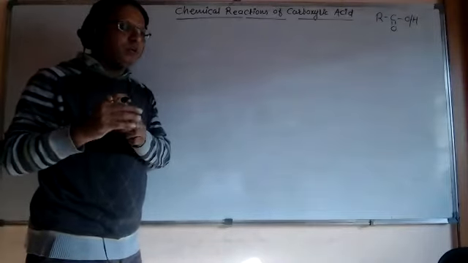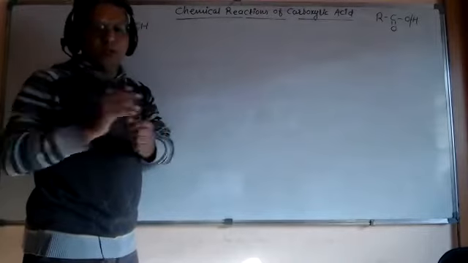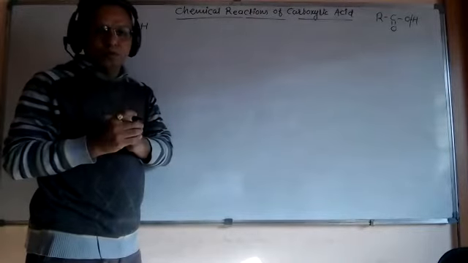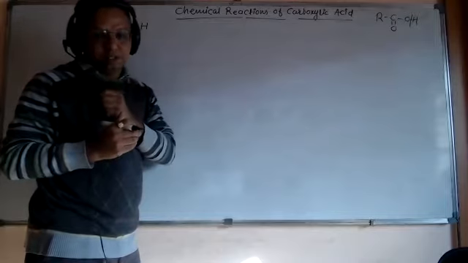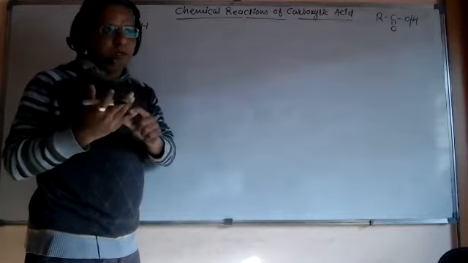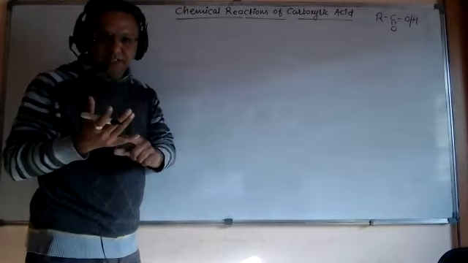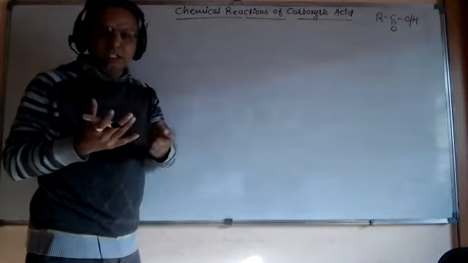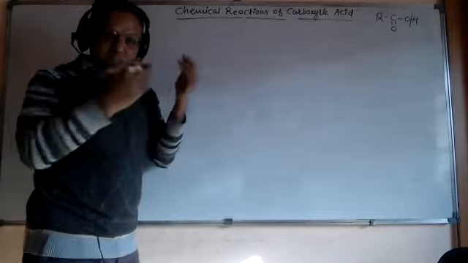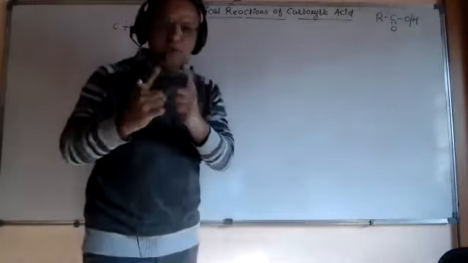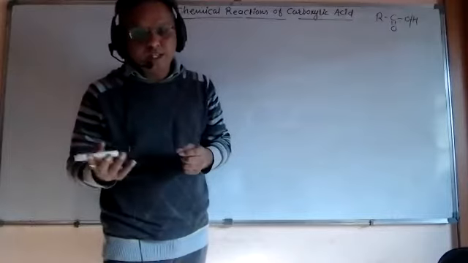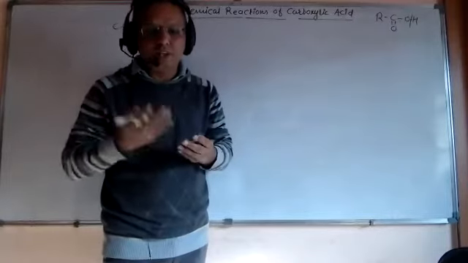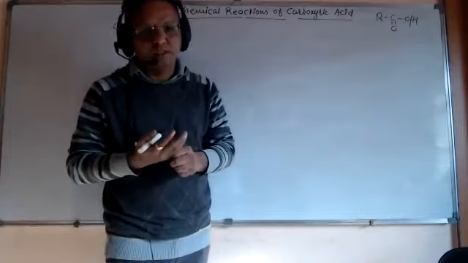Here, the reactions or the chemical properties we are going to learn are also the preparation of some derivatives of carboxylic acid. For example, anhydride or acid chloride or esters can be prepared by these reactions. So this is a two-way thing. One is chemical property of carboxylic acid, as well as the preparation of derivatives of carboxylic acid.